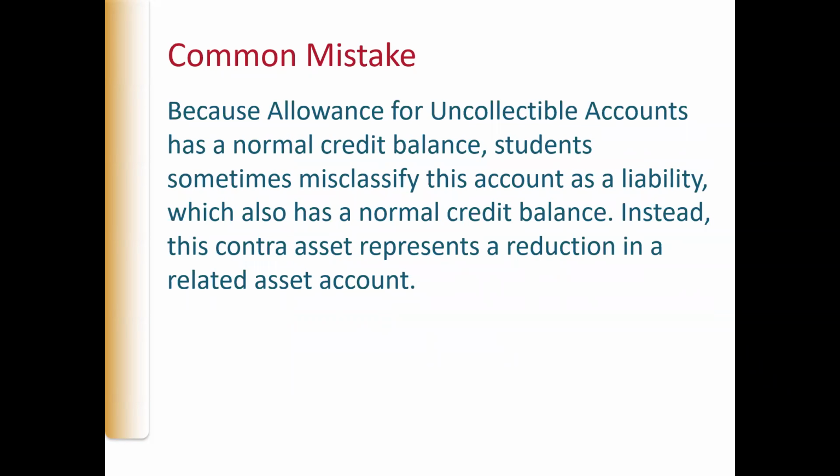Now, guys, because allowance for uncollectible accounts has a normal credit balance, students sometimes misclassify this account as a liability, which also has a normal credit balance. But remember, this isn't a liability. This is a contra asset account representing a reduction in the related asset account. Okay? Does that make sense?